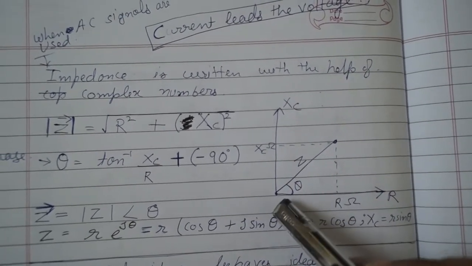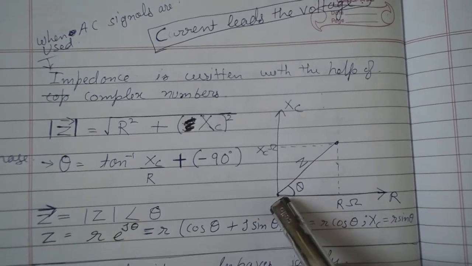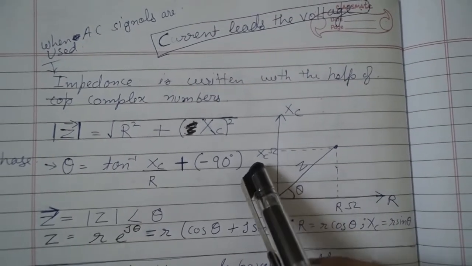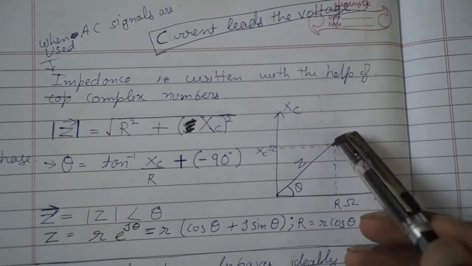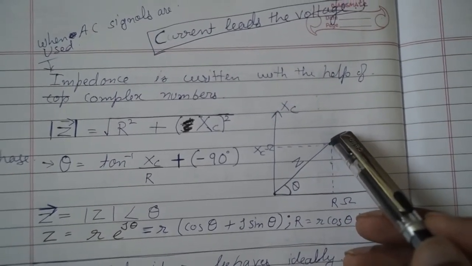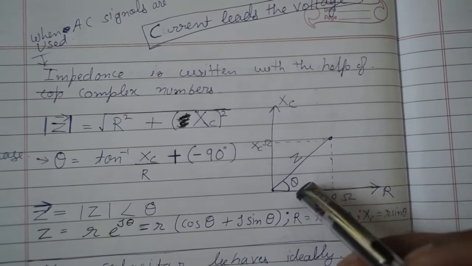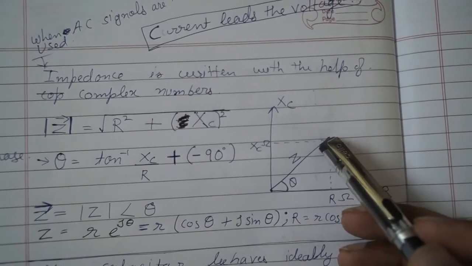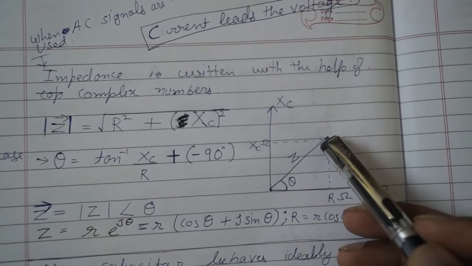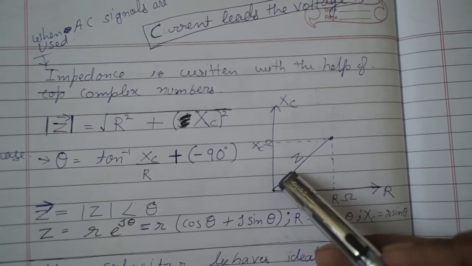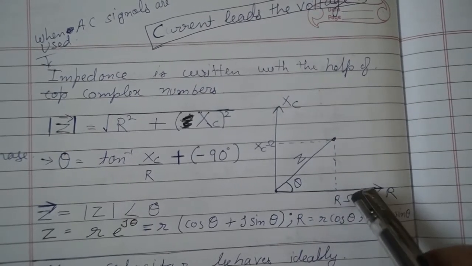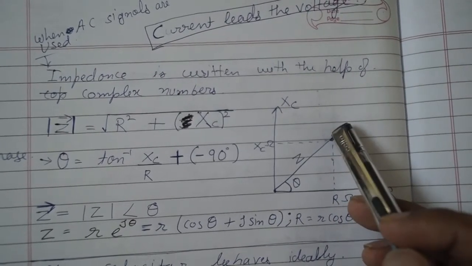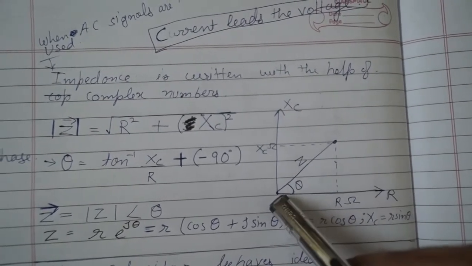So you plot the resistance against the reactance and you get the impedance Z at some point. Then there is an angle between the real part and the impedance.